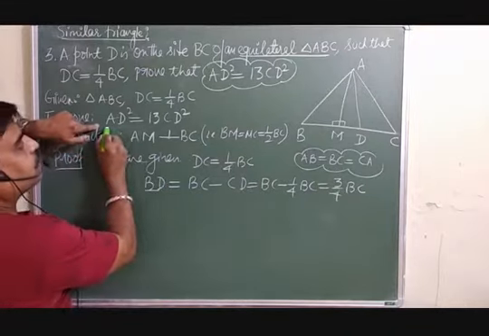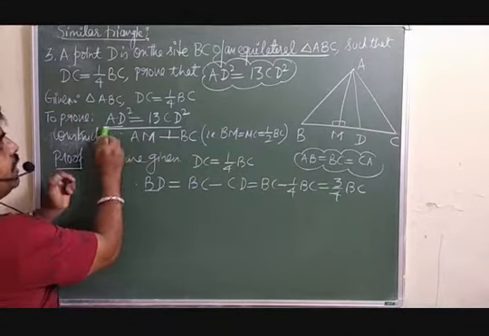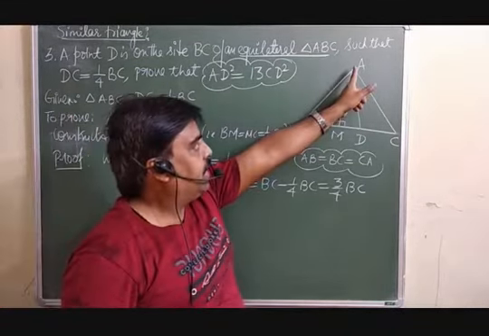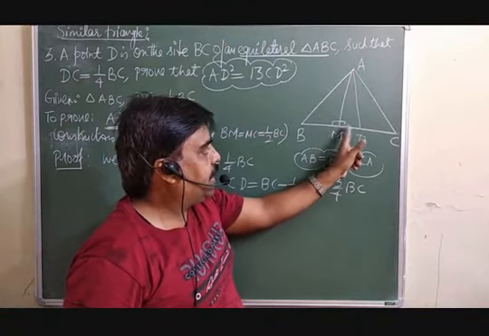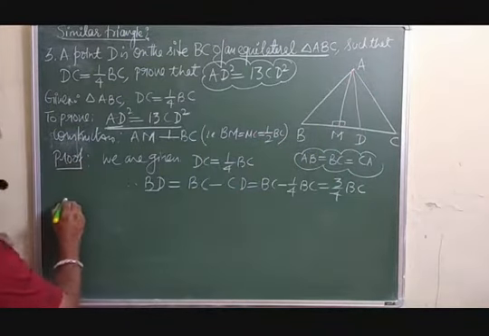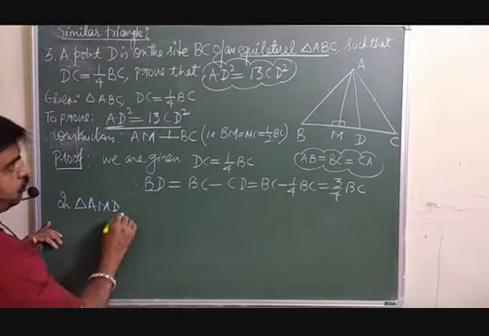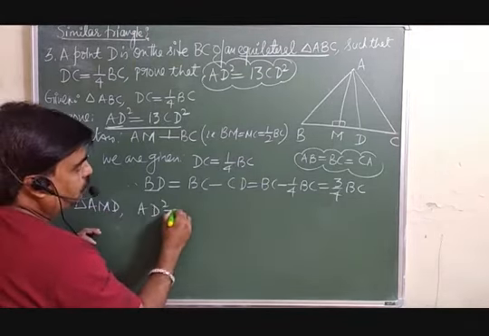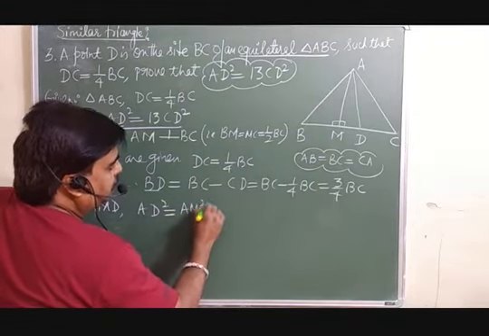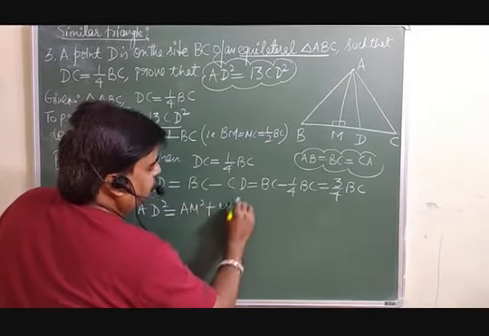Now keep your eyes here. You need AD square, which you can get by taking triangle AMD. By the Pythagoras theorem, AD square is equal to AM square plus MD square.